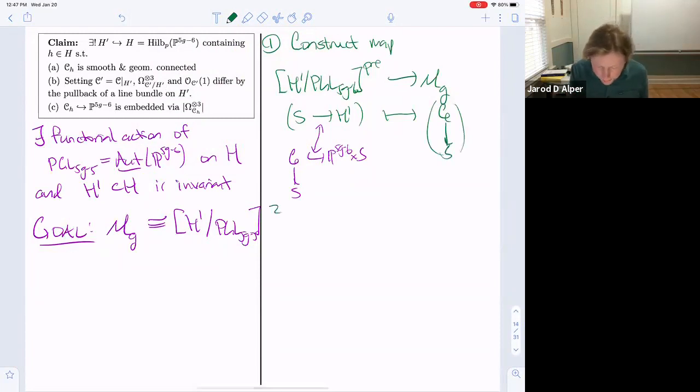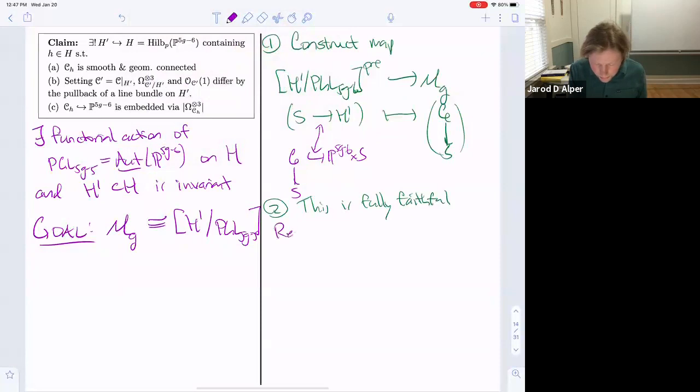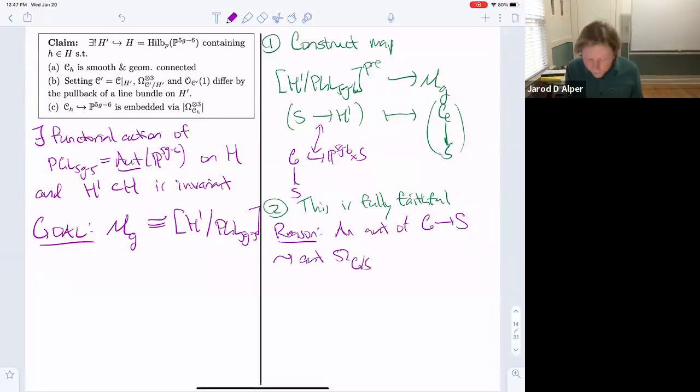So that's the first thing. The second thing to note is that this map is fully faithful. The reason is that an automorphism of C over S induces an automorphism of the relative canonical, because after all, it's canonical, and therefore an automorphism of projective space.